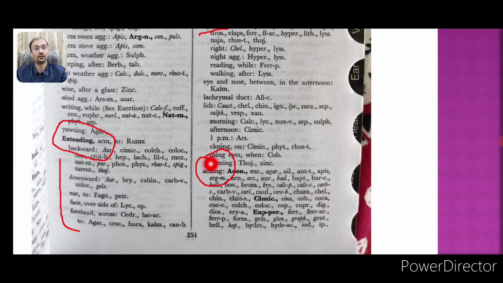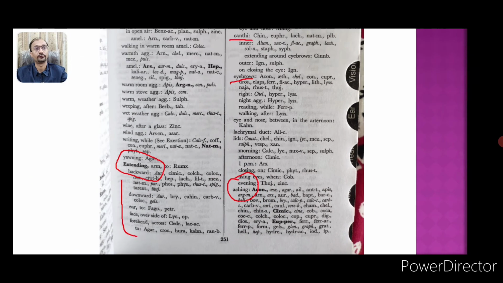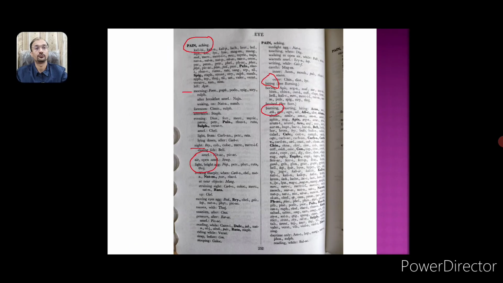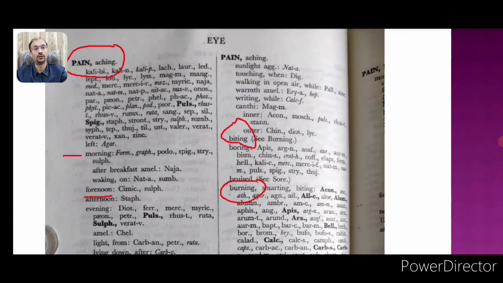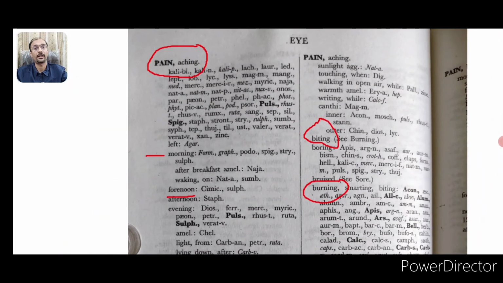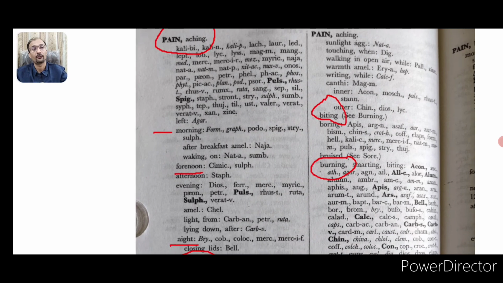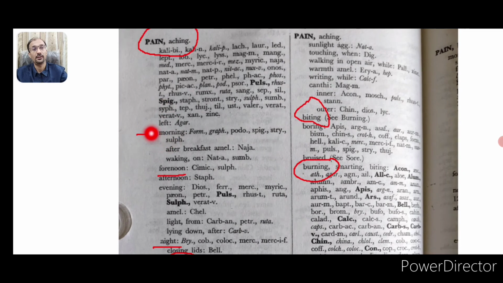And then we are having this type of pain or character of pain, aching. So again go with the one character of pain, and character of pain is again going to be divided into side. So it is over here, the left.